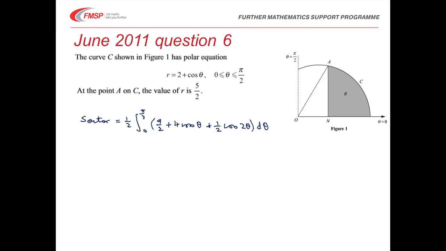So now we can integrate these three terms using the traditional square brackets. Integrating 9/2 is 9/2 theta.